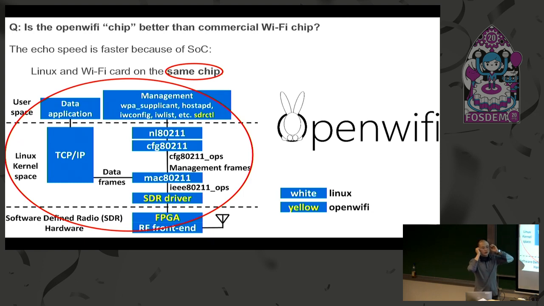So that's why we also need to offer you the Wi-Fi driver. You cannot use any other commercial Wi-Fi driver, because the commercial Wi-Fi driver always works over the USB bus or PCIe bus, right? But in this chip, the interface between our Wi-Fi chip, which is FPGA, and the SDR driver is not USB or PCIe.